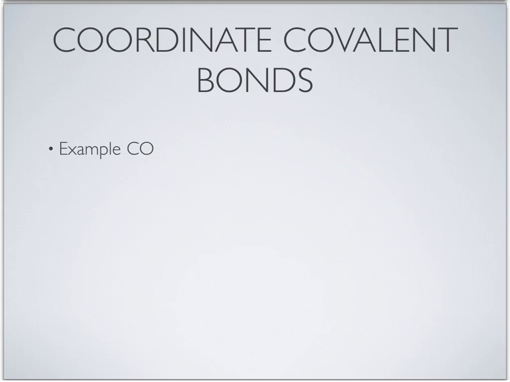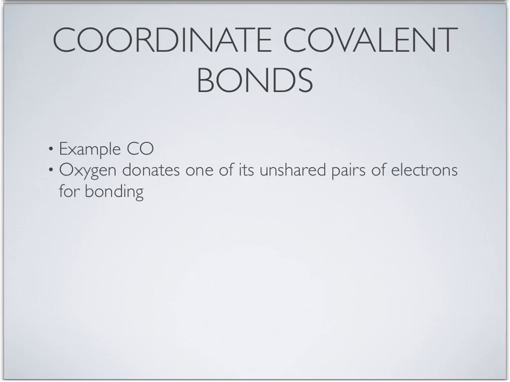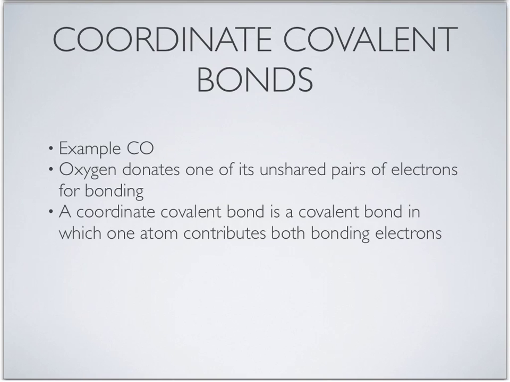So let's go through a few ideas, and then I want to draw the example here. First of all, what happens in this is oxygen has extra electrons. Oxygen ends up sharing or using both pairs, or donating both electrons to a bonding pair. We'll talk about that in a little bit. A coordinate covalent bond is where one atom contributes both bonding electrons.